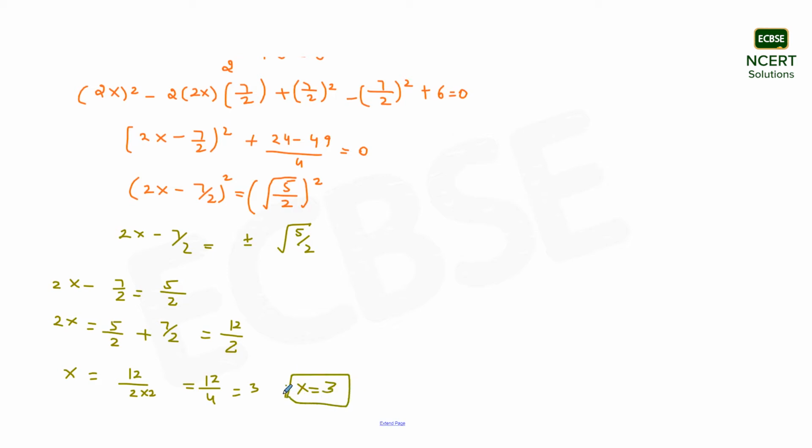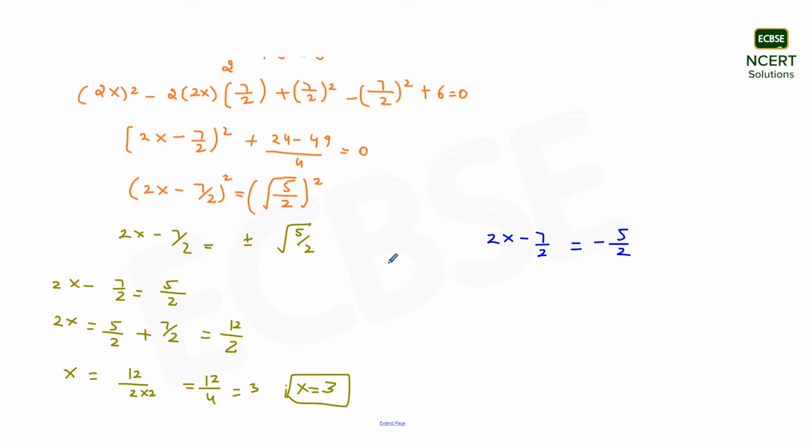But if I take the value minus root 5 by 2. So coming to the second case, that is 2x minus 7 by 2 is equal to minus 5 by 2. Right?